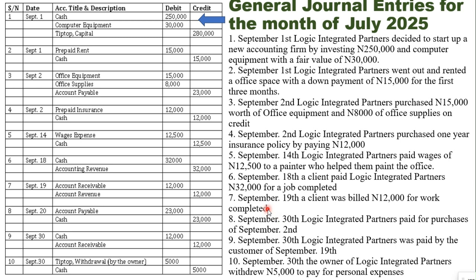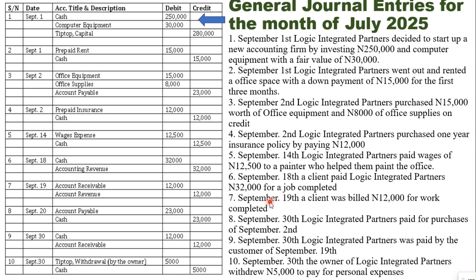So this time they completed the job and they sent a bill, an invoice, indicating that the job has been completed, but money has not been paid. But because we are using accrual accounting, we are going to post the transaction pending when the money will be paid. So here we have 12,000 naira billed. Because it's a bill, money has not been paid, and at the same time, our revenue has increased.